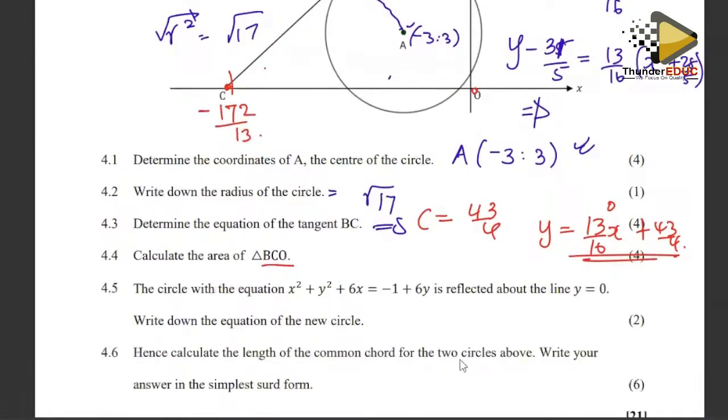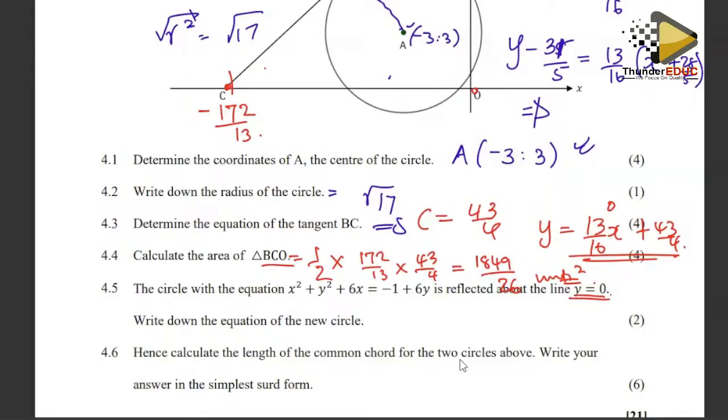Then substitute that into the equation of the area of a triangle, it's a half, 172 over 13. The height, we said 43 over 4. Simplify that. You can give your answers in decimals, but I prefer to leave them as fractions. So it's going to be 1849 divided by 26, that's units squared.